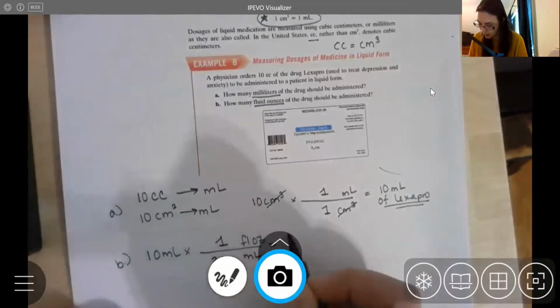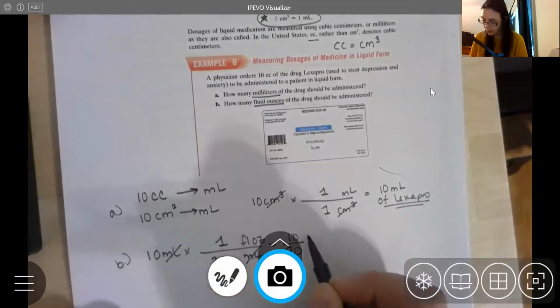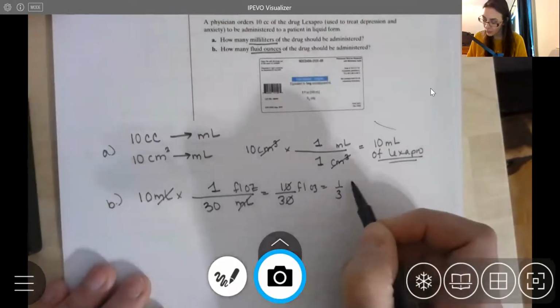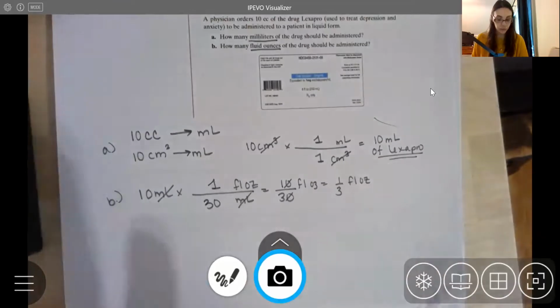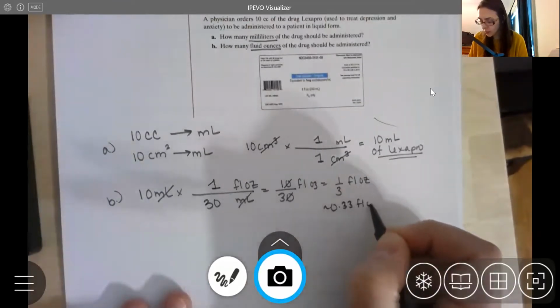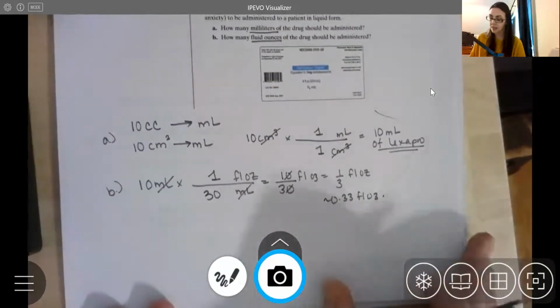So 10 times 1 is 10. Milliliters are going to cancel. And this actually can simplify, right? I can cancel my zeros here, so I end up with 1/3 of a fluid ounce as my answer, which is about 0.33 fluid ounces if you use your calculator and round. So we can convert to ounces here as well.